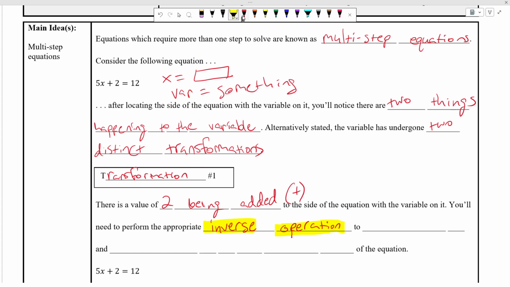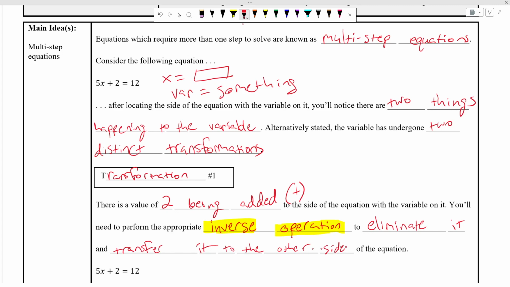But essentially, we perform the appropriate inverse operation in order to eliminate, oh, I misspelled that there, eliminate. There we go. Spelling's not my thing, guys. Eliminate it and transfer it to the other side of the equation. That's exactly our purpose.